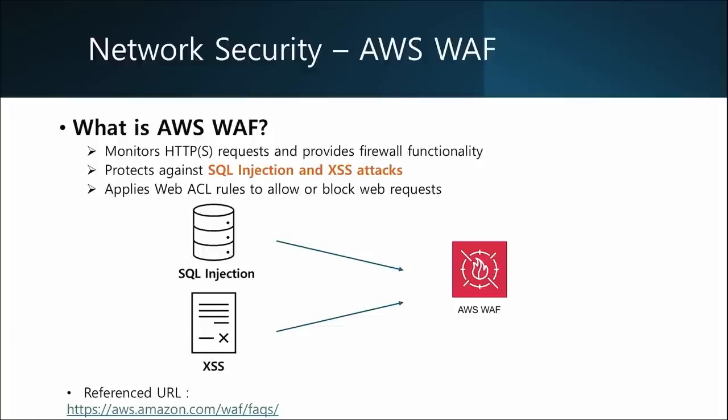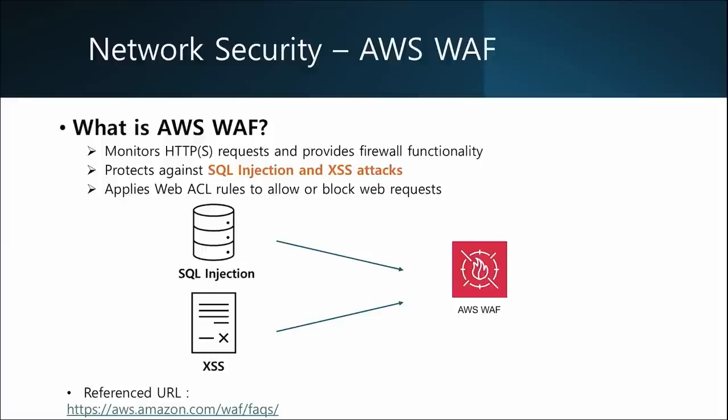SQL injection is an attack in which an attacker manipulates a database by injecting malicious SQL queries. Cross-site scripting is an attack in which a malicious script is injected and executed in the user's browser. These attacks can pose a serious threat to the security of web applications.